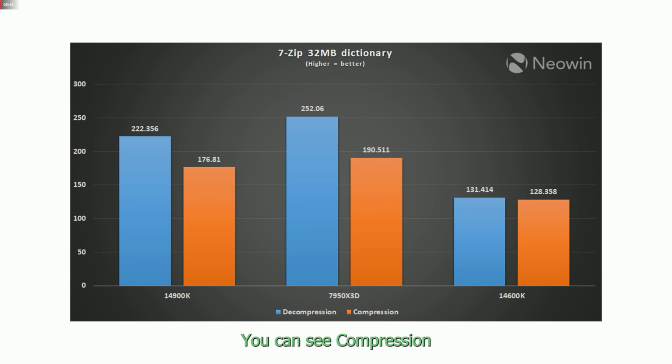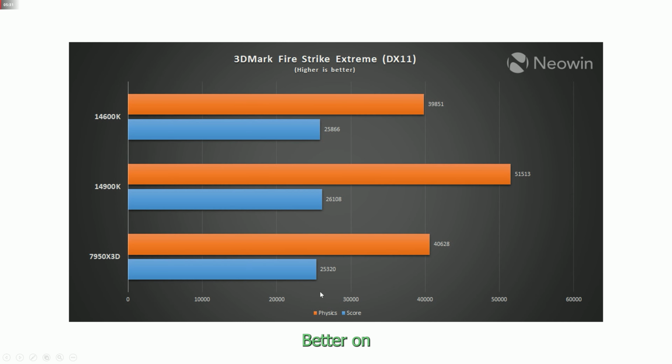We can see the compression and decompression part is better on AMD. On 3DMark Fire Strike, again you can see a small difference on the score, and in physics Intel gets a better result.